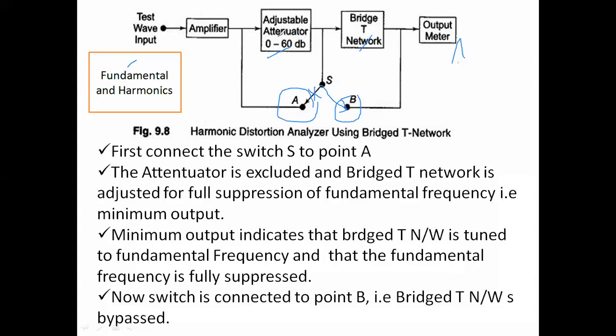So now in this case, we will adjust the attenuator. By this attenuation process, we can adjust this attenuator in such a way that the value which we previously observed is reached. We have to adjust this particular attenuator up to that point.